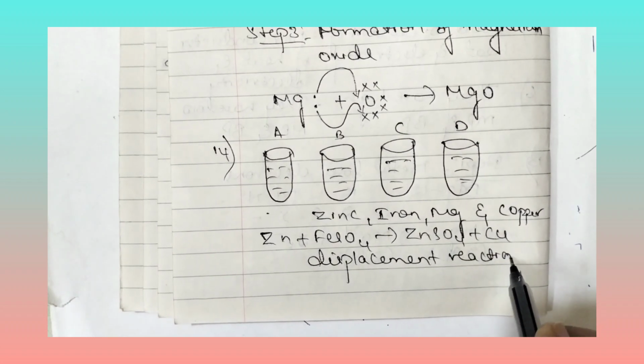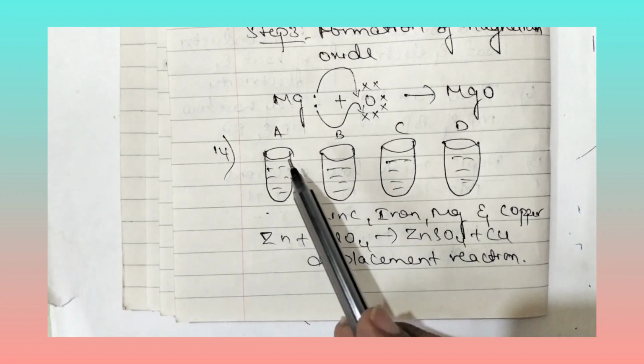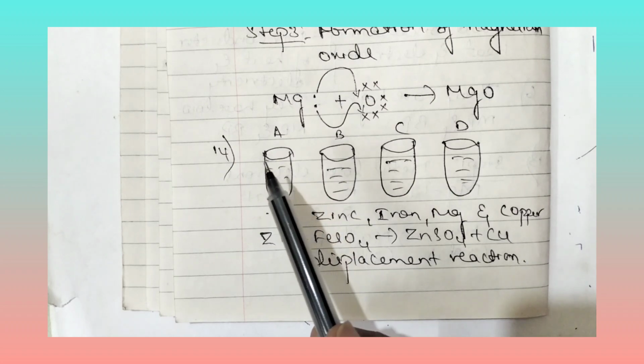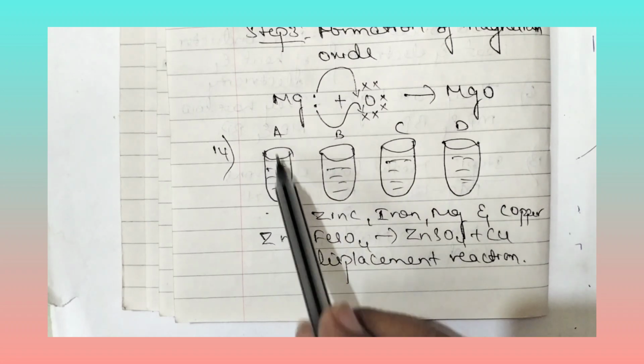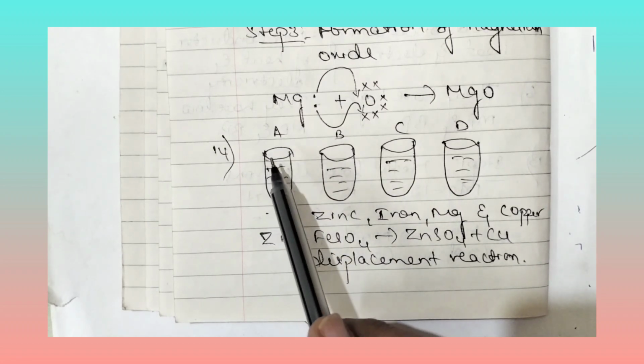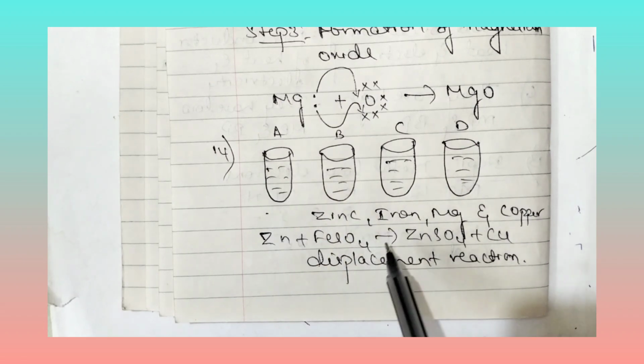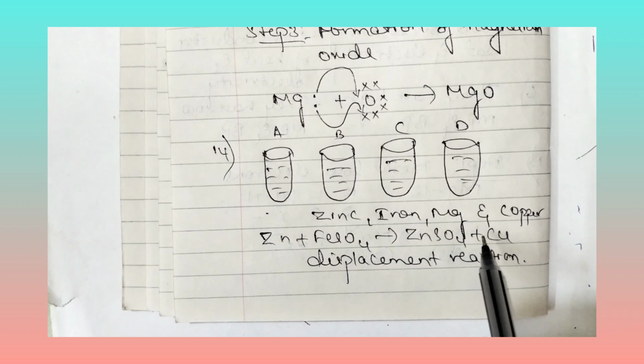If I take zinc and dip that zinc in this solution, definitely the reaction will take place, because zinc is more reactive than iron, therefore zinc can displace iron.